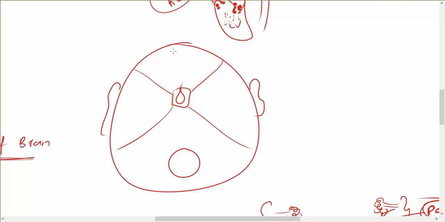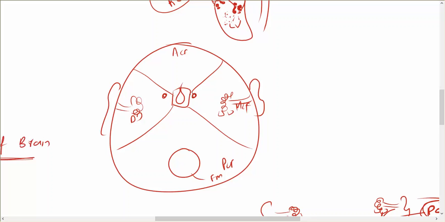This is the anterior cranial fossa, middle cranial fossa, and we have the posterior cranial fossa, and this is the foramen magnum, and this is the external acoustic meatus. This is the nerve here. This is the base of the skull, and this is the carotid canal open.